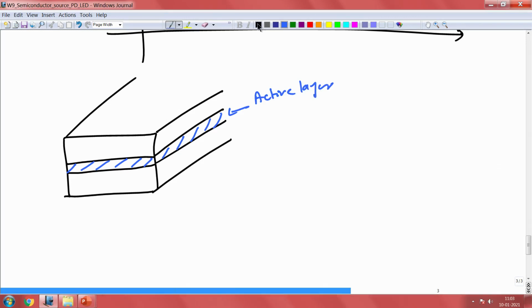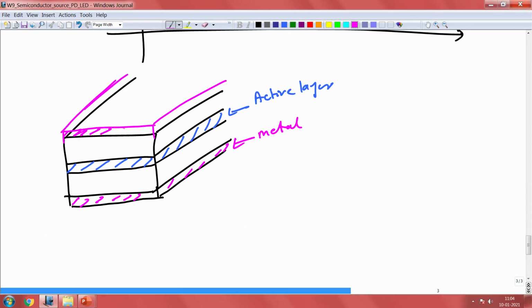And then we need to supply current to this. So, we need to add metallization here. So, let us add metal here, and also on top we need to add metal.